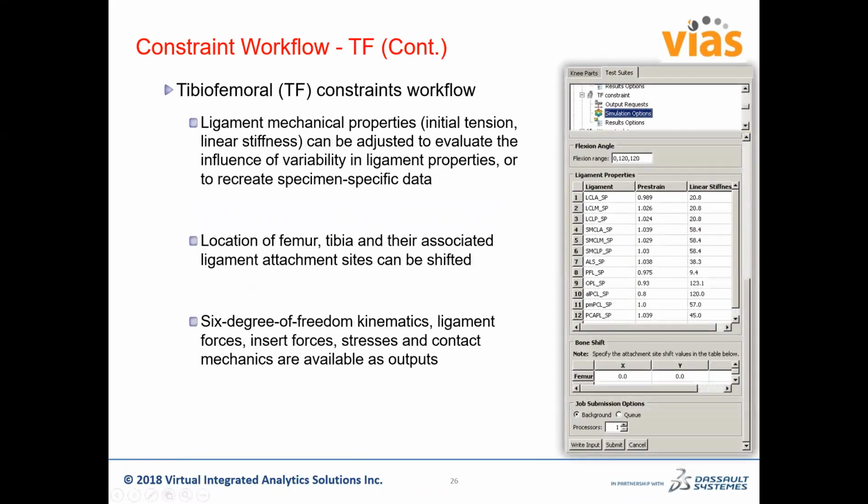Here again, you have the option of providing the pre-strains within the different ligaments you have. And you also have the option of scaling the stiffnesses of all these ligaments. We don't provide nonlinear stiffnesses, but we do provide the scaling option for these ligaments.